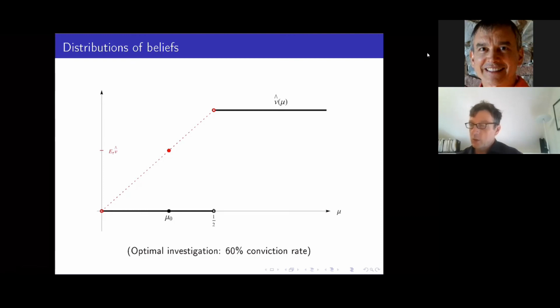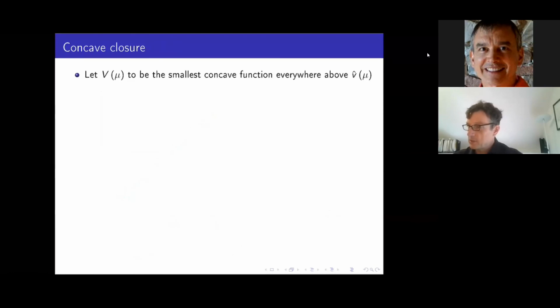We want to get as high as possible, subject to Bayes consistency, subject to Bayes rule. So the idea here is that we can basically use the spreading of the beliefs from the prior to the posteriors, or another way to say that is we are basically again forming a hull, but this time we're forming the concave hull of the utility function, and that's going to give us, by construction, the optimal information structure.